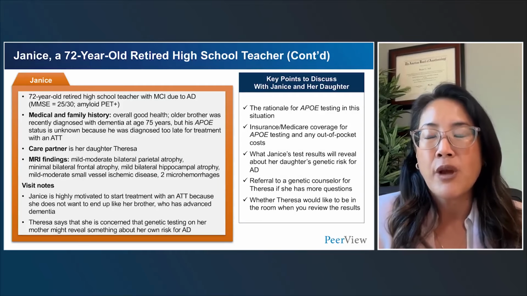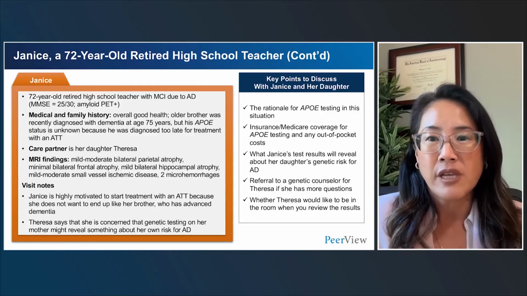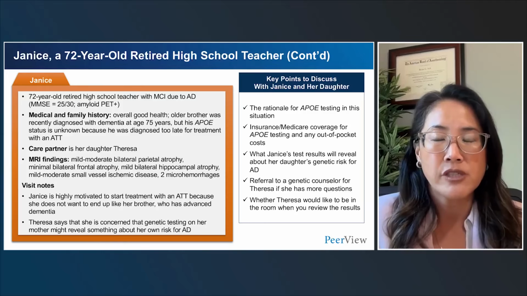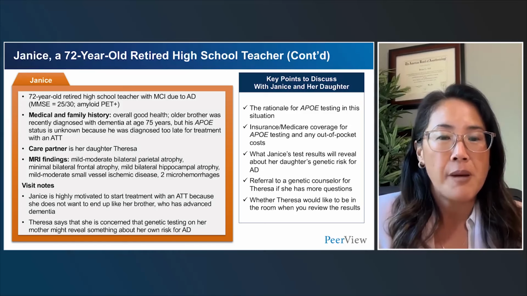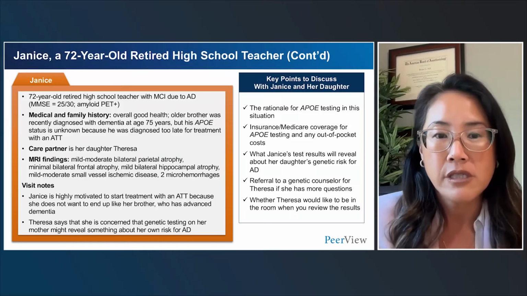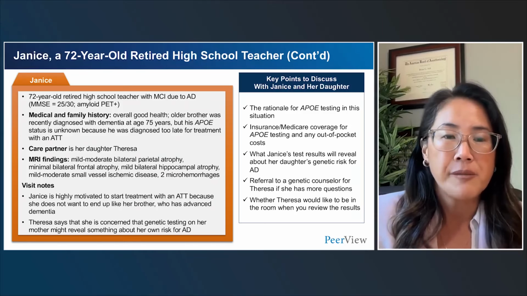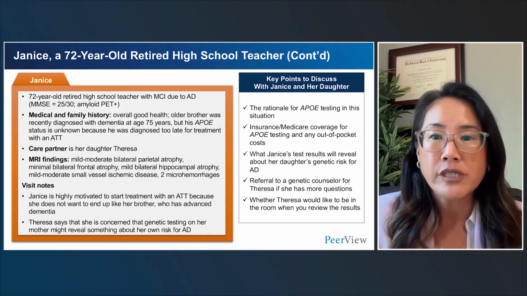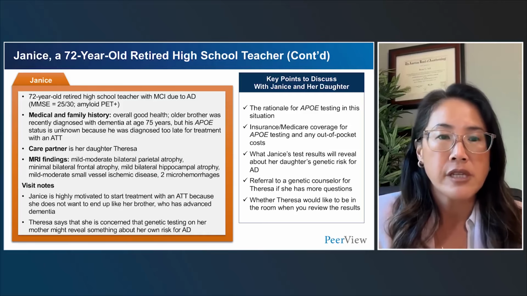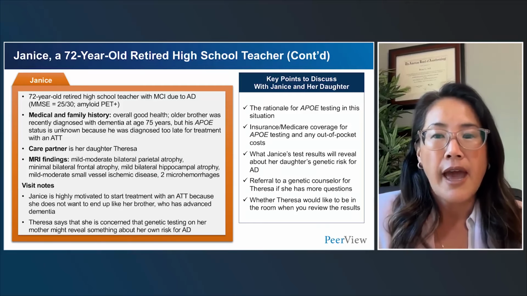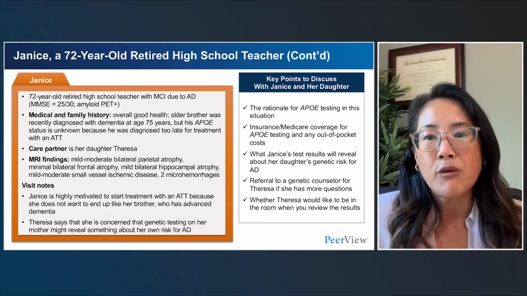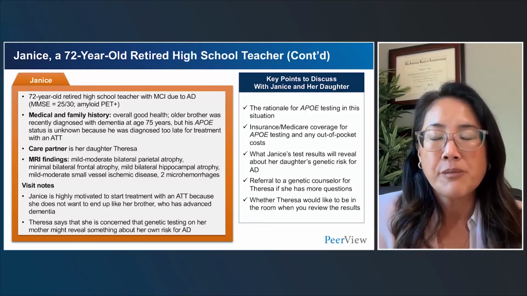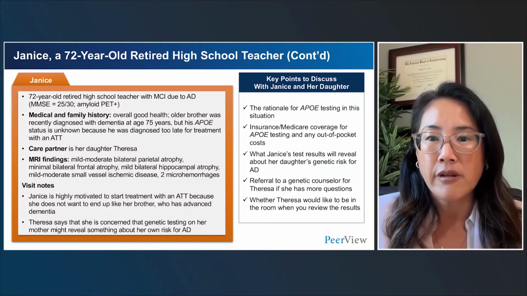Some key points that we should make sure we talk about with Janice and her daughter, again, as we said earlier, is the rationale for the APOE testing in this specific situation. That's really for the ARIA risk. However, we have some concerns based on Teresa's own risk in that discussion. As we just mentioned, Medicare coverage or insurance coverage for the APOE testing is important to discuss. And finally, what results may reveal about not only Janice, but Teresa's genetic risk.